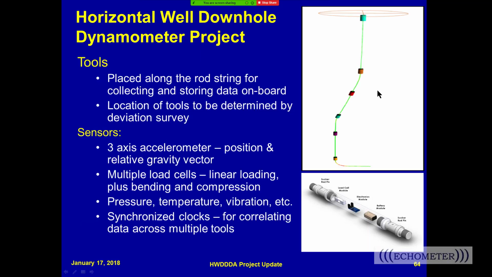Our plan is to put these load cells in the rod string above and below doglegs, and measure the actual loads, and then use that measured data to determine how to modify the wave equation to actually calculate the mechanical friction applied downhole. And so that's what we're working on. Kind of a volunteer project. We've got the first prototype built. We're going to run it in a well fairly soon. So that's kind of where we're at right now.